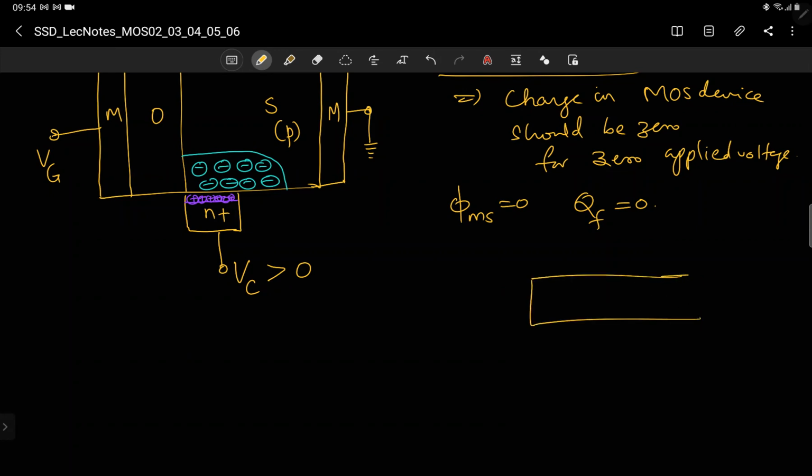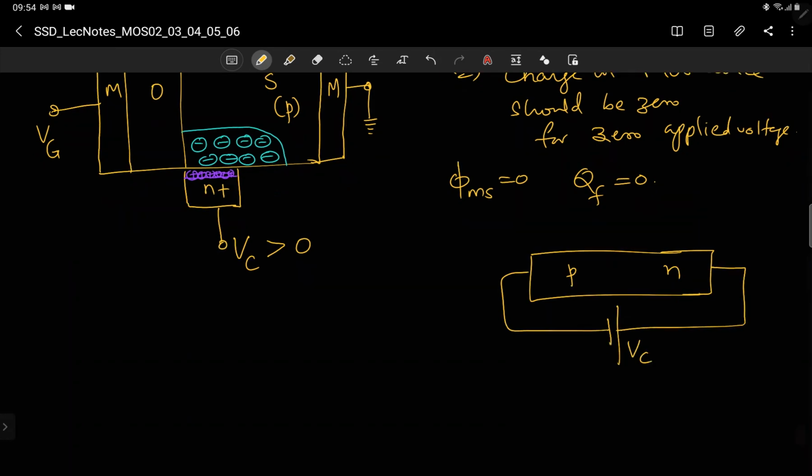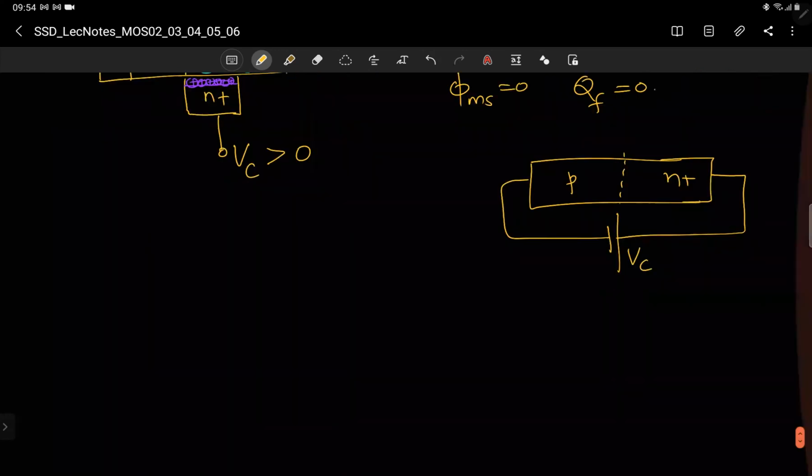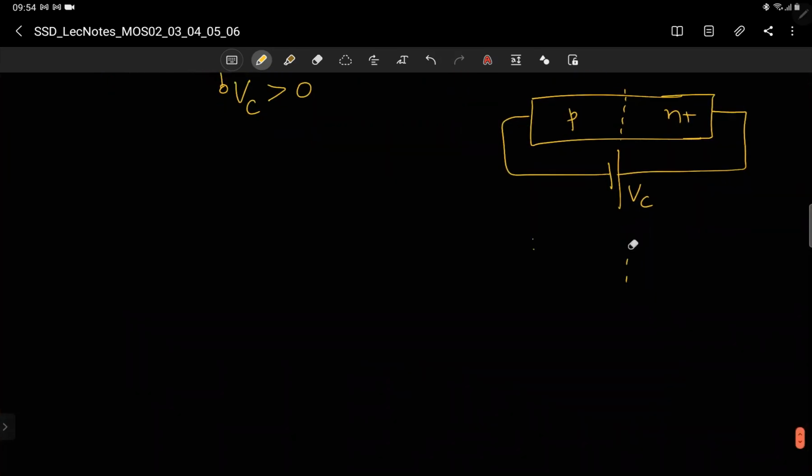Maybe you are familiar with a drawing like this: a PN junction with a reverse bias voltage, say Vc connected. Then you draw the characteristics. This is the junction region.